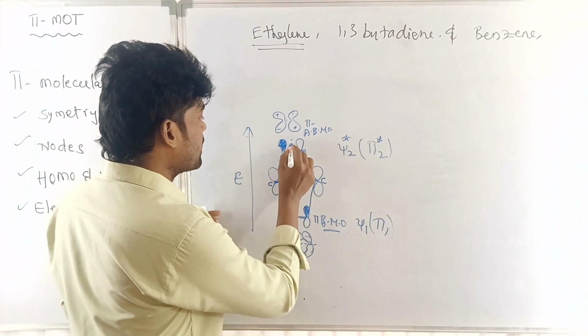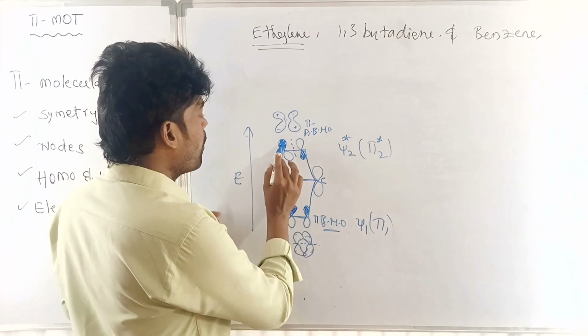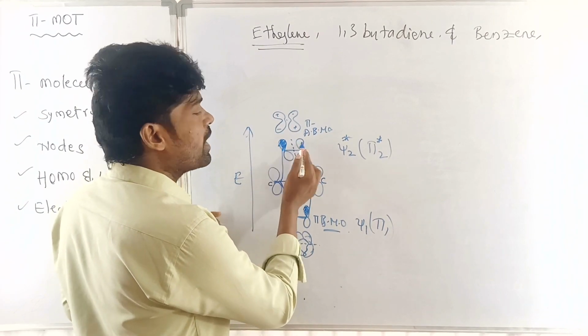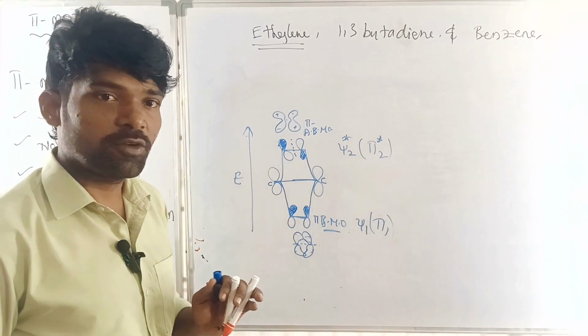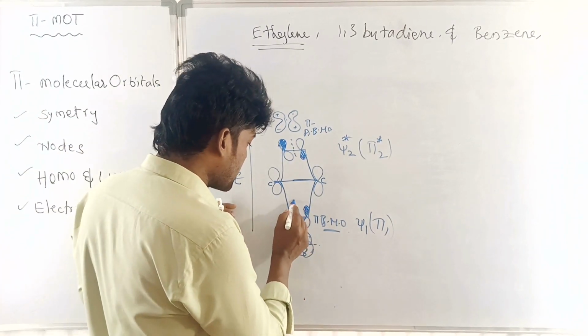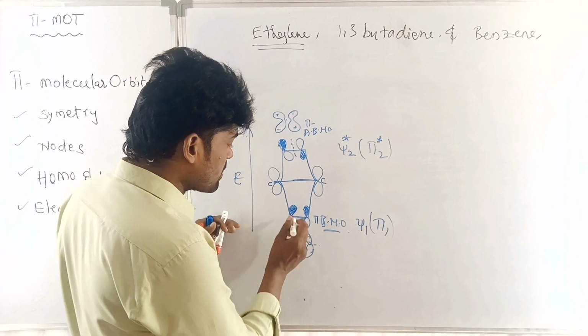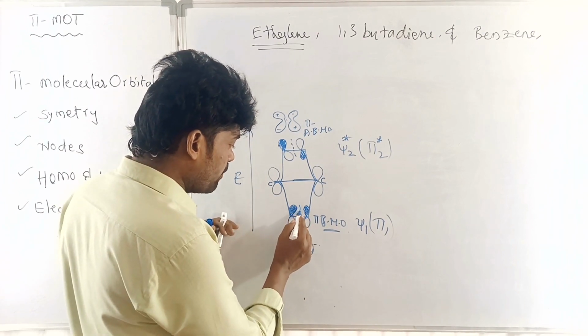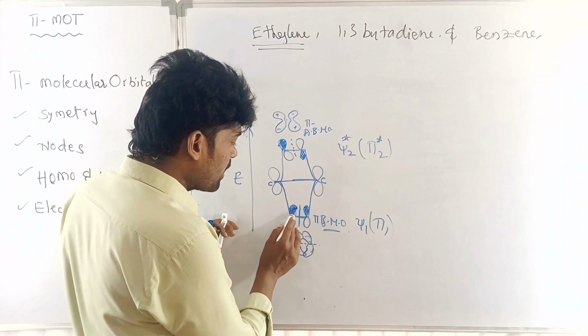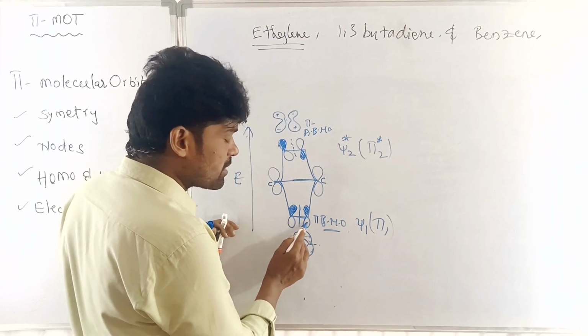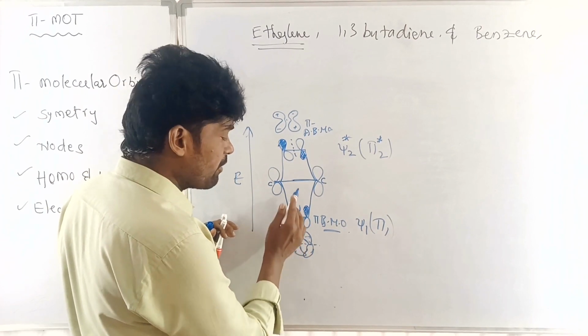If we cut it into two half parts and both are different, then that is unsymmetric. Understand what I mean? Now I am taking this example. See, two orbitals are there. If we cut in the middle, the same mirror image is there, the same structure after dividing.